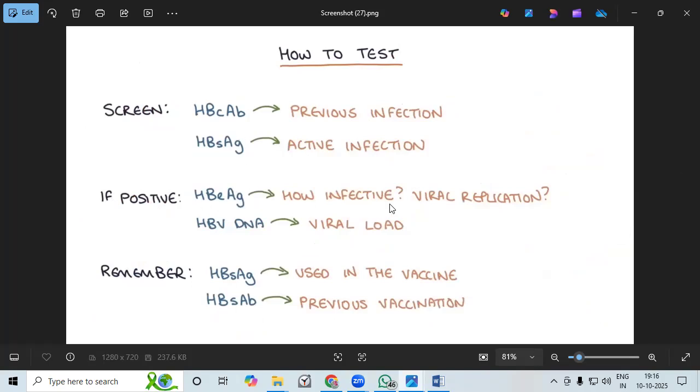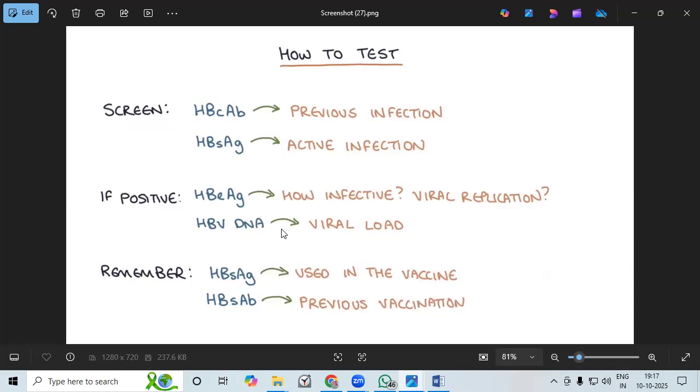This implies how infective or viral replication. HBV DNA, I'm not discussing here, but usually the next step after diagnosing hepatitis B will be checking how much is the HBV DNA, the copies of the DNA, because if we have more than 2000 copies, we are going to treat that.